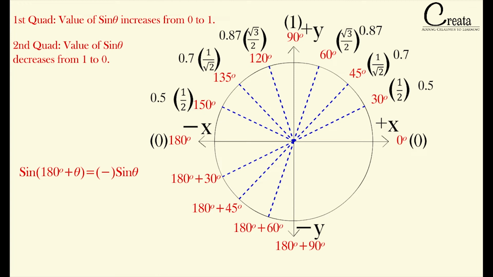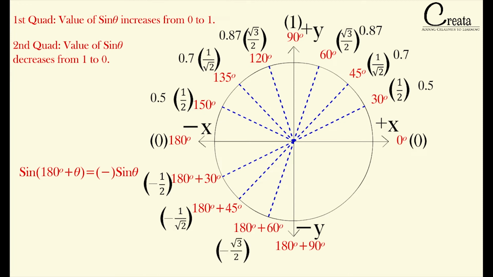Okay. Let's calculate the values for our angles. Sine 180 plus 30 degrees will be minus sine 30 degrees, that is minus 1 by 2. Sine 180 plus 45 is minus sine 45 degrees, that is minus 1 by root 2. Sine 180 plus 60 degrees is minus sine 60 degrees, that is minus root 3 by 2.